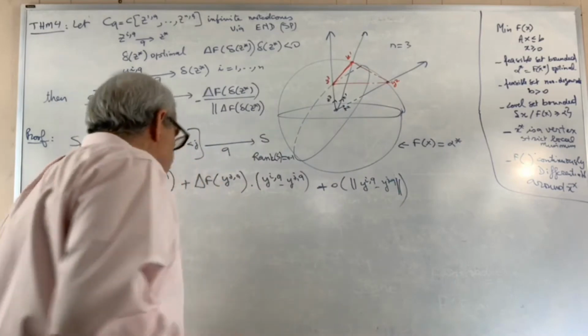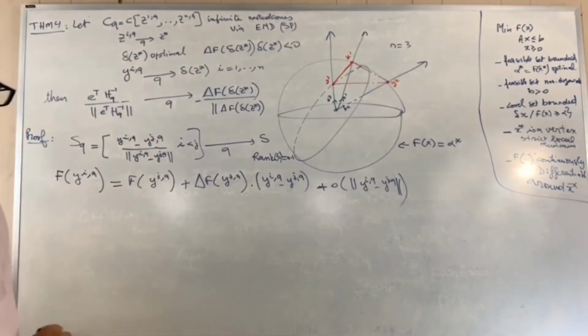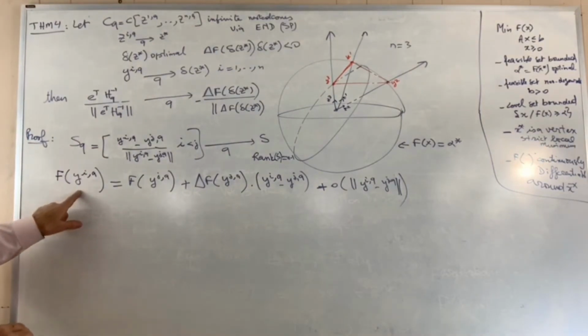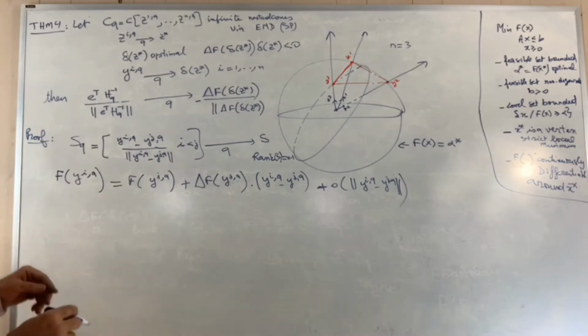This is just the first terms of the Taylor series. But remember, f of y_iq is equal to f of y_jq. They both equal alpha bar q.